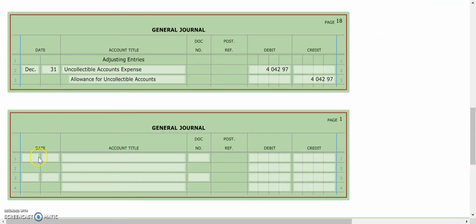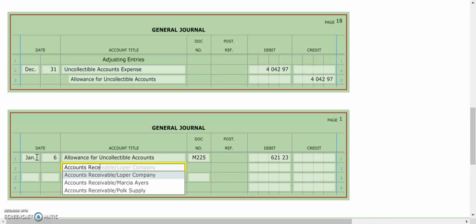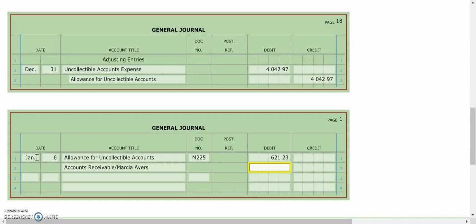So in our general journal, we put January 6th. Our account title, remember, is our allowance for uncollectible accounts. Our document number is M25, and our amount was that 621.23. And then remember, we have to take it out of our accounts receivable for Marcia, 621.23. So this transaction says to us that Marcia didn't pay us. We don't believe that Marcia is ever going to pay us.